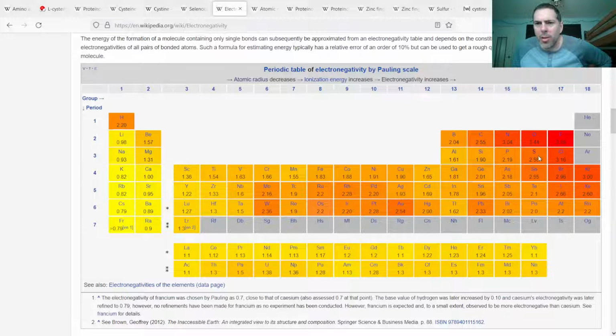You can see that sulfur and selenium are very close to the same electronegativity, so they're not going to drastically pull in any electrons compared to carbon and hydrogen, kind of all roughly the same. And then again, you can see oxygen, sulfur, selenium in the same column here, all forming two bonds.